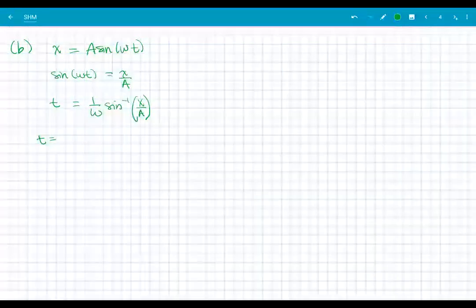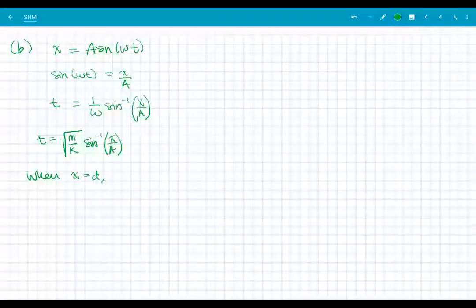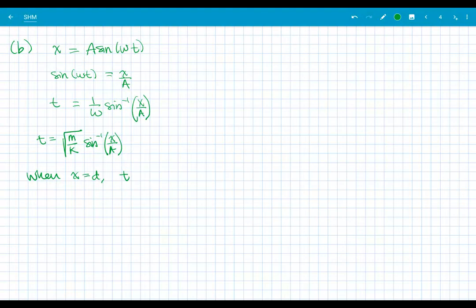That 1 over omega is root m over k arc sine x over a. So that's my general function for time. Now I'm interested in the time at which x equals d, right? So when x is equal to d, t, and you can call this, I don't know, t sub d if you want, is equal to root m over k arc sine d over a.